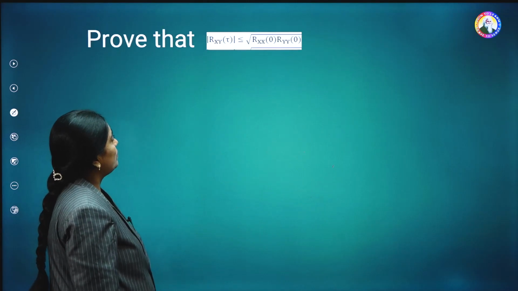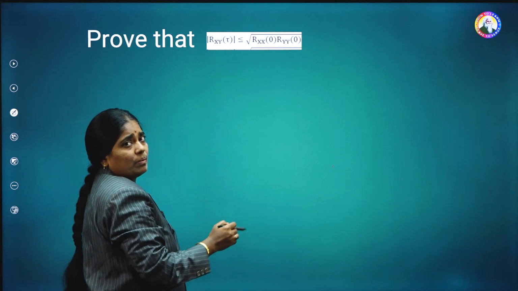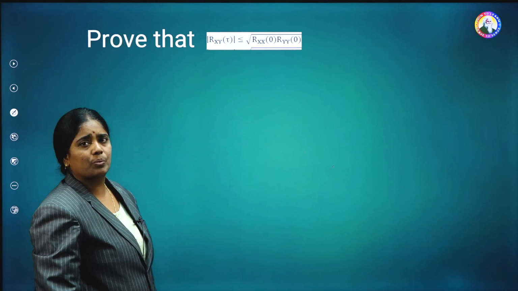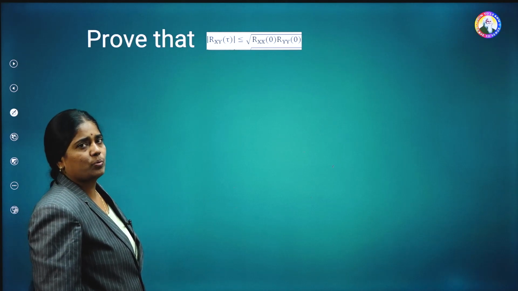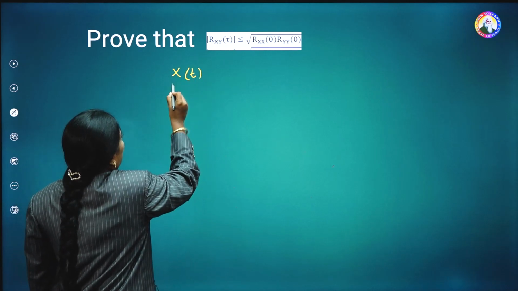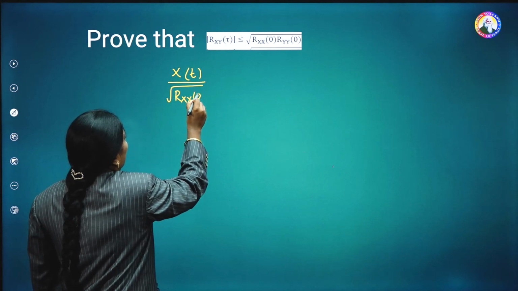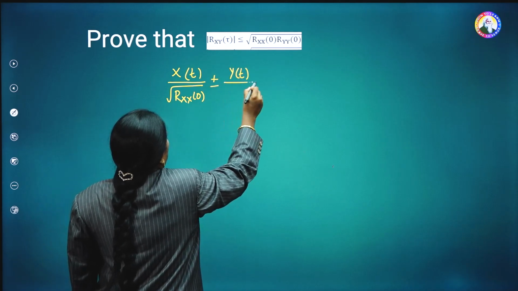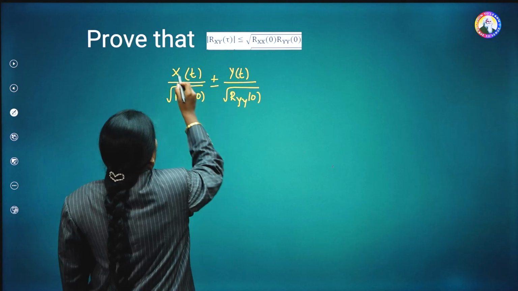Next, we have to prove that the magnitude of rxy of tau is less than or equal to square root of rxx of 0 into ryy of 0. To prove this, we take a positive quantity, that is x of t by square root of rxx of 0 plus or minus y of t by square root of ryy of 0, whole square.